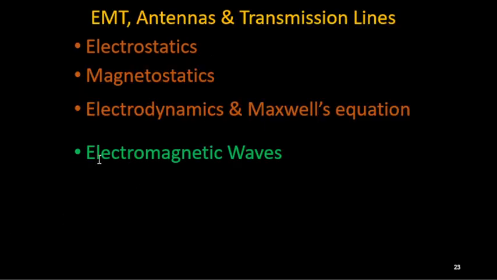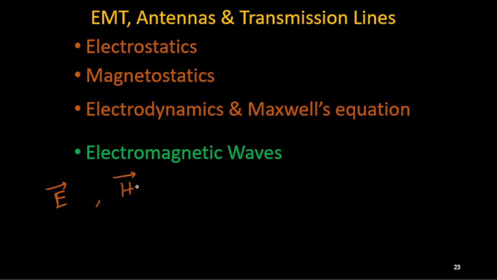And then we'll discuss electromagnetic waves, how an electromagnetic wave is generated. When you get electromagnetic waves, we can say that an electric field is there and a magnetic field is there, and both are time varying.